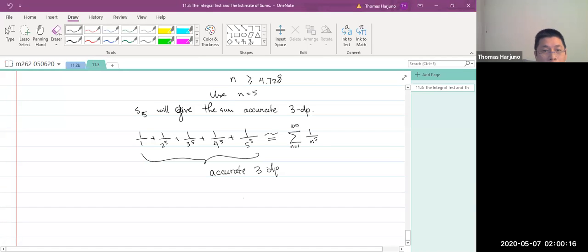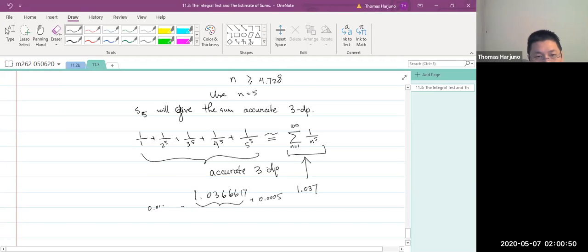I get that the sum here is 1.0366617. Now when I add all the remaining terms going to infinity, the total will not be more than this by more than 0.0005.